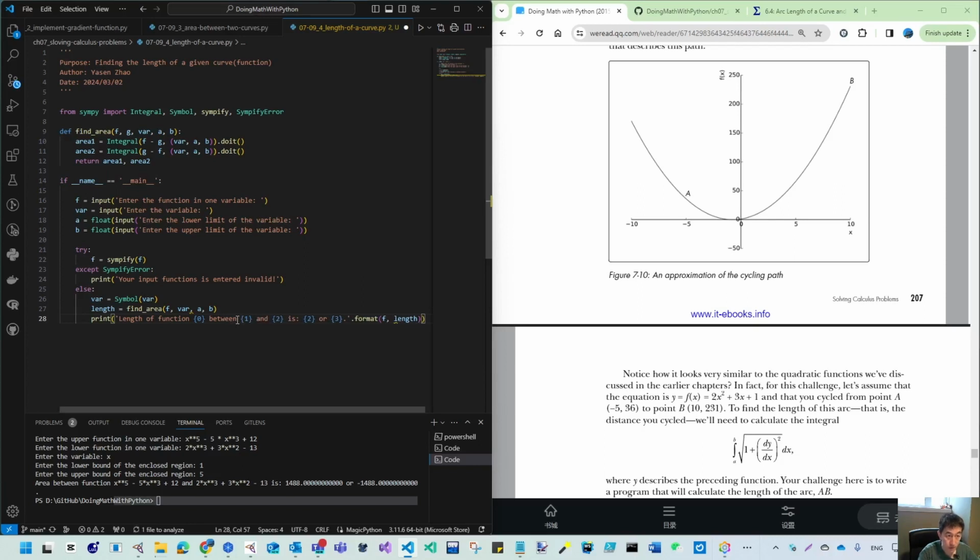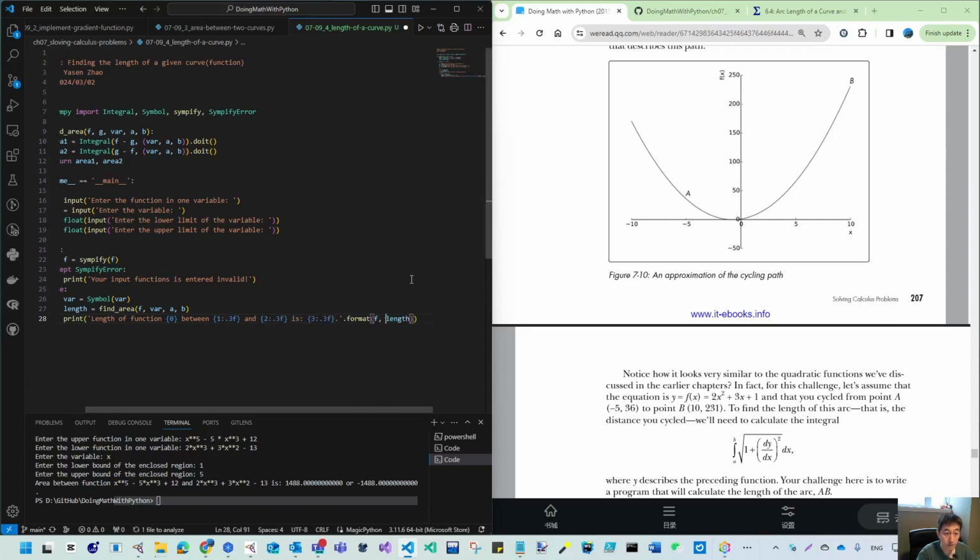So 2 is 3. Because those are floats, whenever you have a float, try to make that maybe 3f. Too long, so make that not too long. So the function is fine. So now we should have a and b.